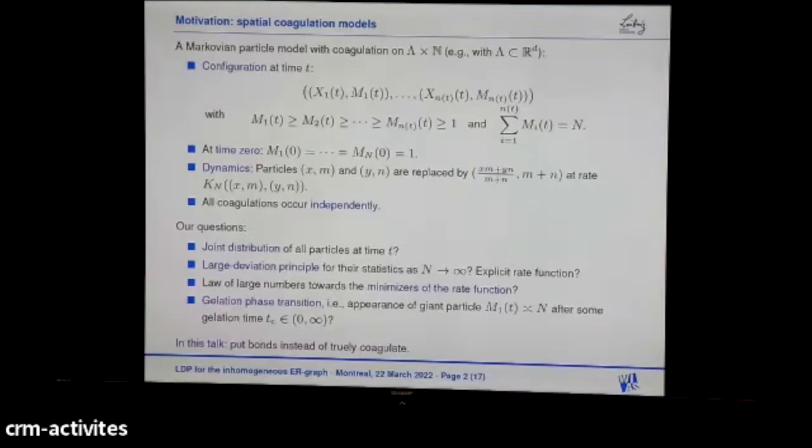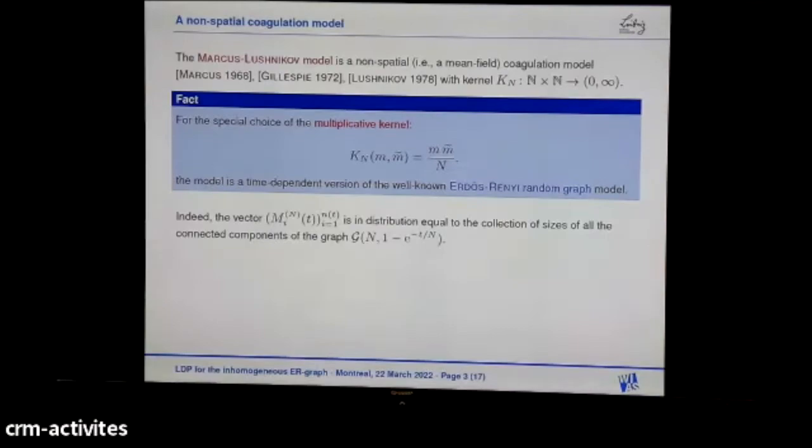But you see here already that a particle, for example this particle here, is seen as a particle in my coagulation system. This has a lot of information. So I need to know how many atoms are there with respective types. So a particle will be a multi-index. The Marcus-Lushnikov model is a non-spatial mean field coagulation model.